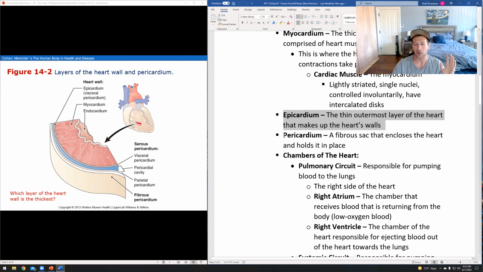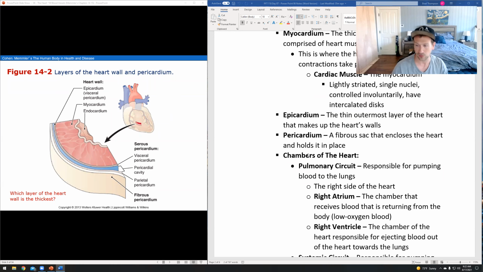So we also have our pericardium. Your pericardium is not actually officially part of the heart's anatomy. If we think of the heart as the organ responsible for beating and relaxing and storing blood in little chambers, that's what the heart is for. Your pericardium is not officially part of that.